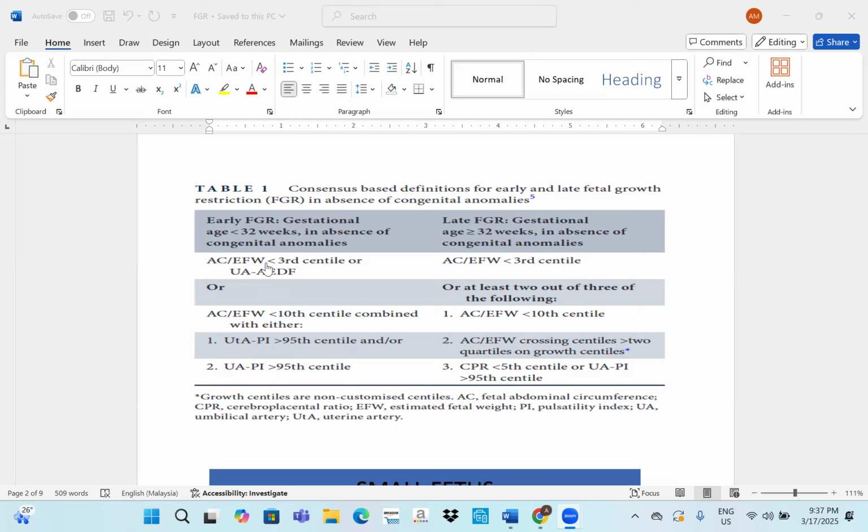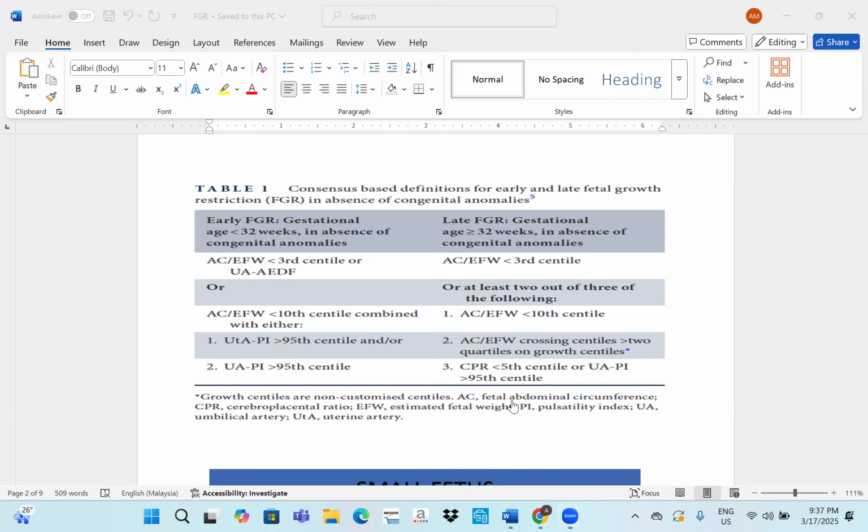And here, with less than 10th centile, we combine it with the Doppler abnormality, and that Doppler abnormality could be uterine or could be umbilical. Okay? But for the late onset, two of these three things should be present.